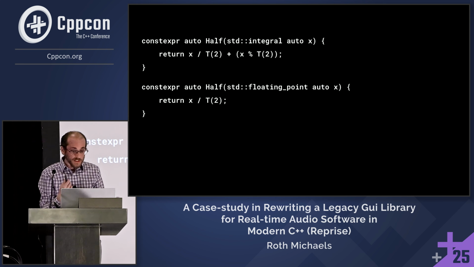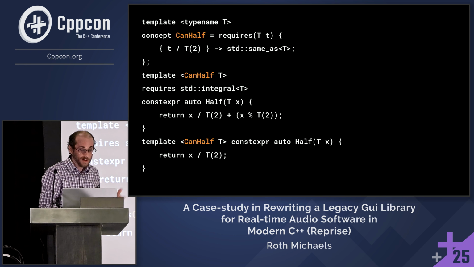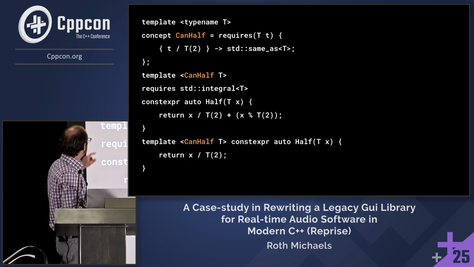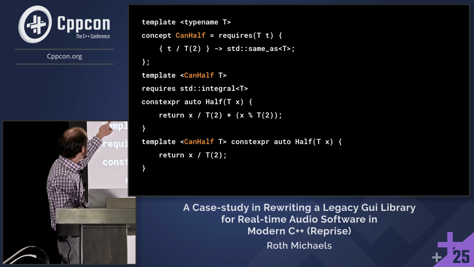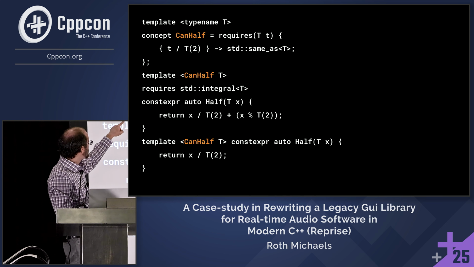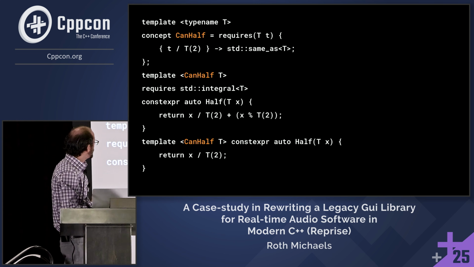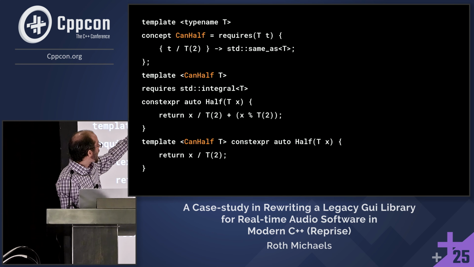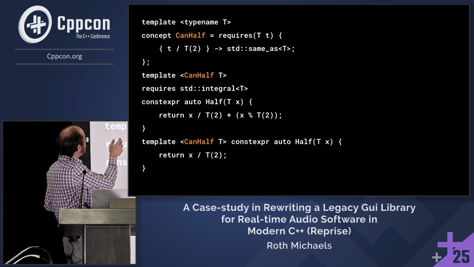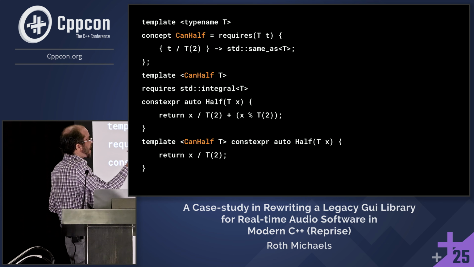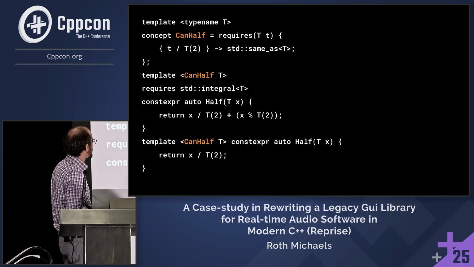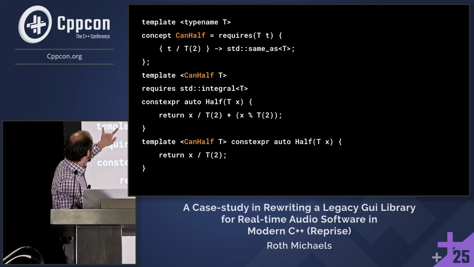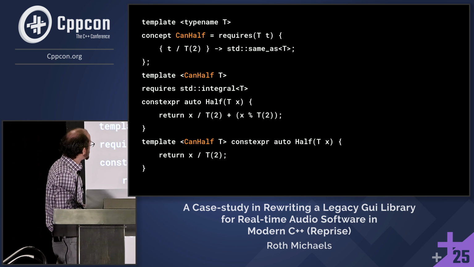And maybe you want this to work with your custom types too. So we can design a new concept called CanHalf. And CanHalf is something where this expression, T over T constructed with 2, will return the same type as T. And that requires capital T. That's basically saying, give me a pretend object in this context of type T. And so we could first check, does this expression in the braces compile?